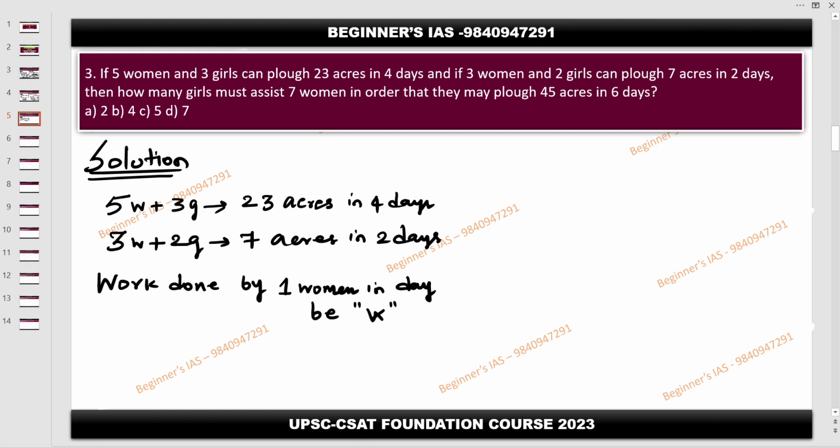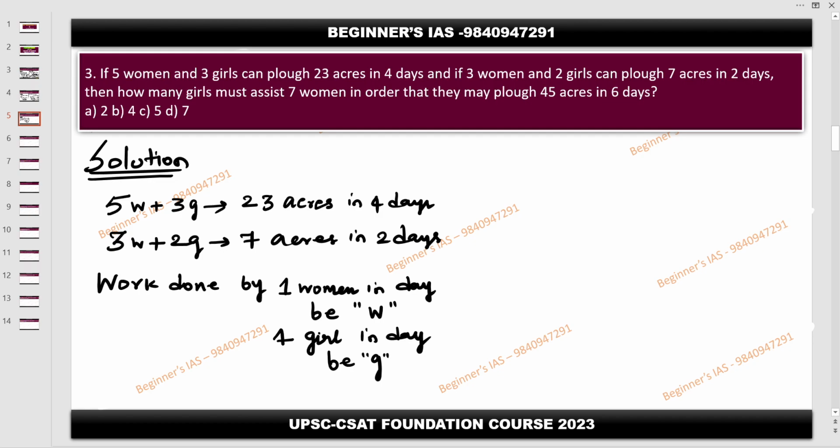To avoid confusion, let us take W for a woman. Then the work done by one girl in 1 day, Y, or else you can take G also.